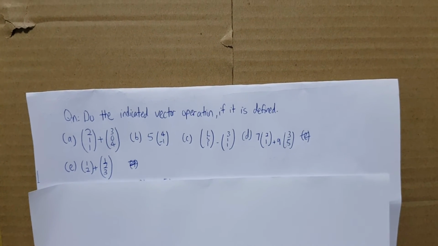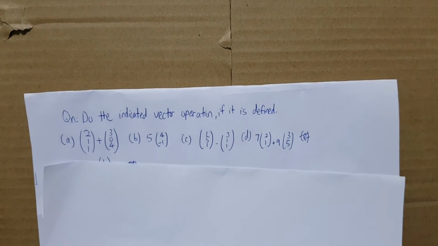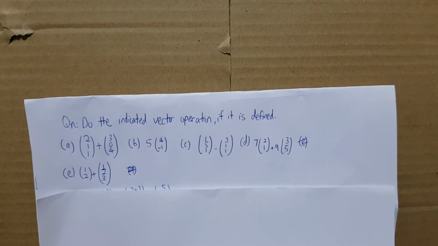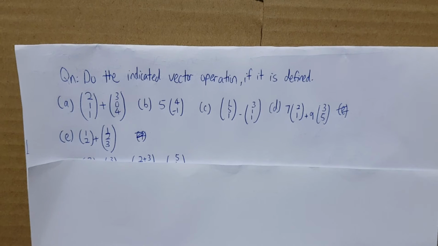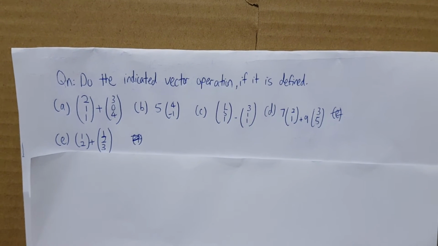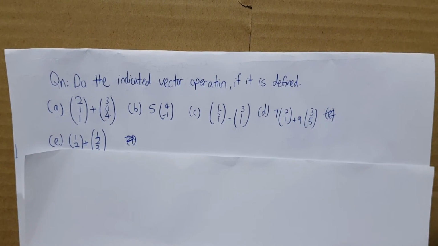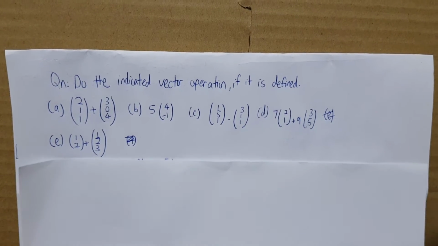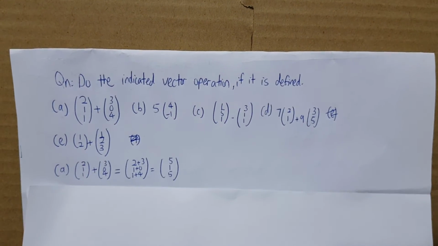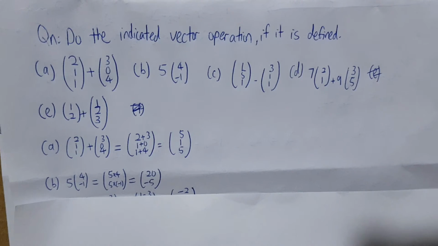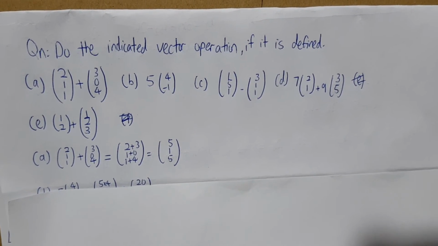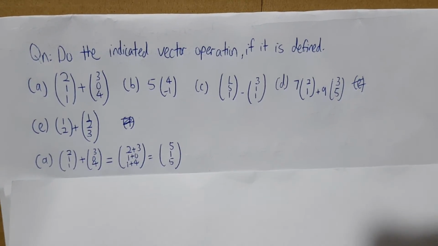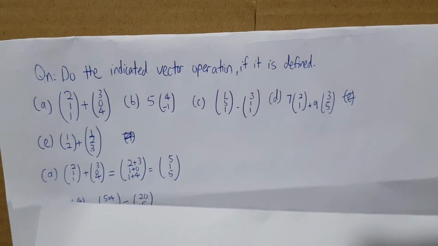We have already learned what scalar multiplication and addition of vectors are, so now let's practice what we have learned. The first one is only an addition, so we add, and hence we get this. I guess this is pretty straightforward.